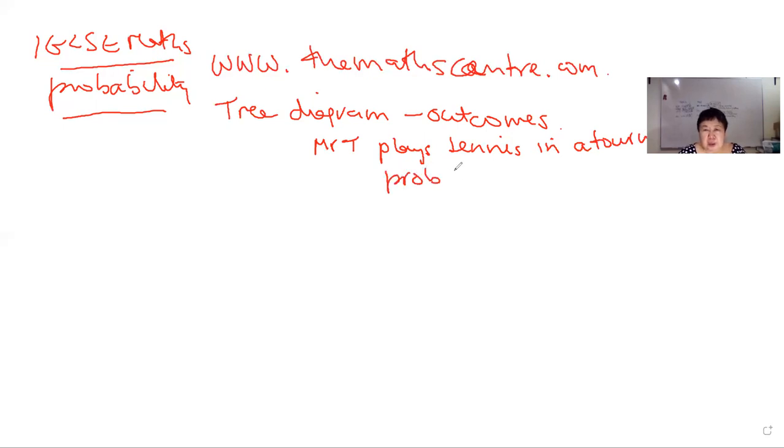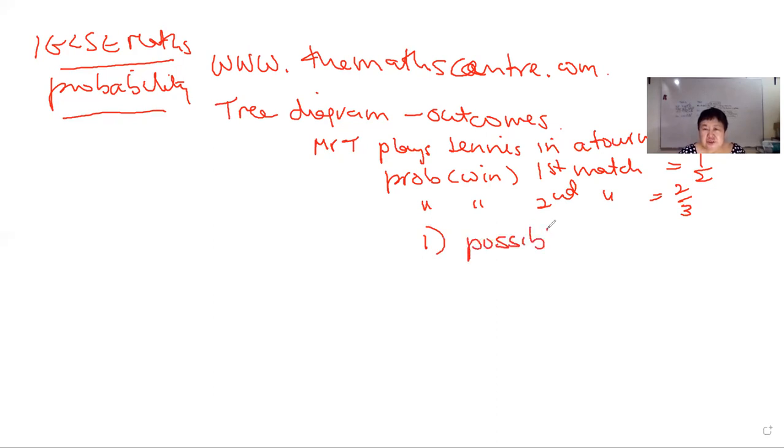The probability of a win in the first match is half. The probability of a win in the second match is 2/3. The probability of winning in the second match is not related to the first; it stands by itself. So draw a tree diagram to show the possible combinations.